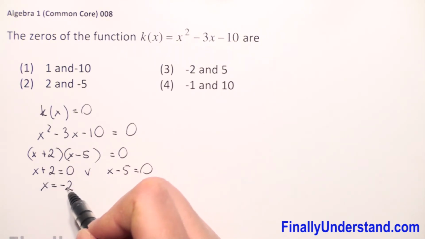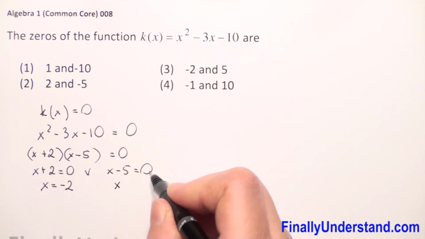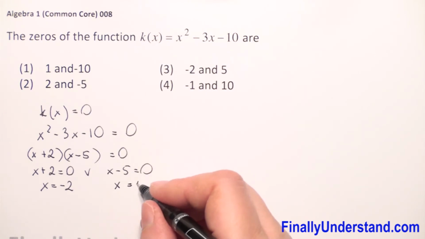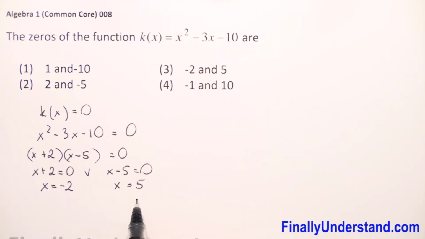We have positive 2, so now it will be negative 2. And the second equation, x minus 5 is equal to 0. We move negative 5 to the right side, so it will now be positive 5. So we got the zeros of our k function: negative 2 and 5.